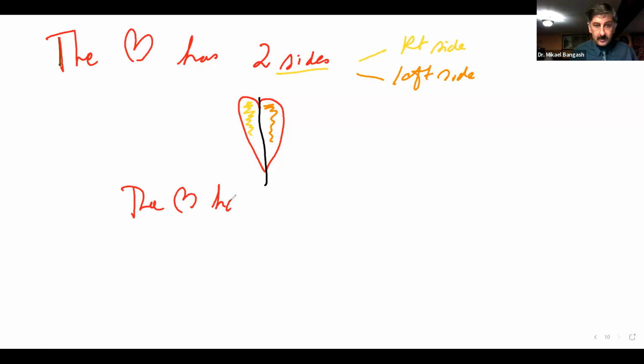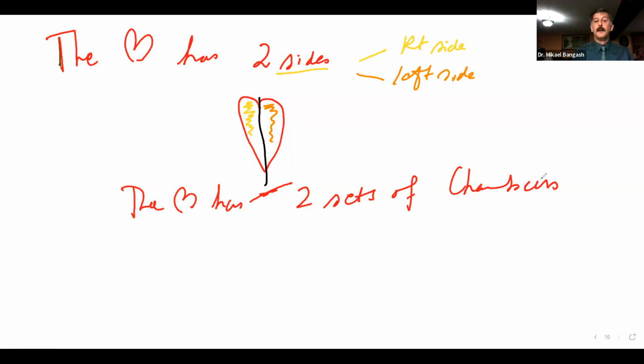Now what the heart also has is two sets of chambers. Or let's put it this way, two pairs of chambers.